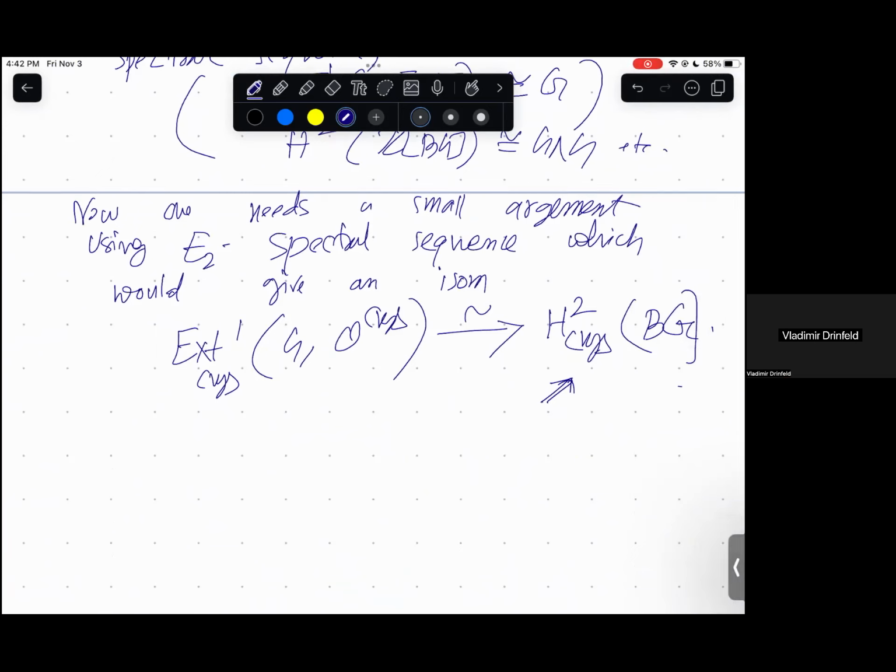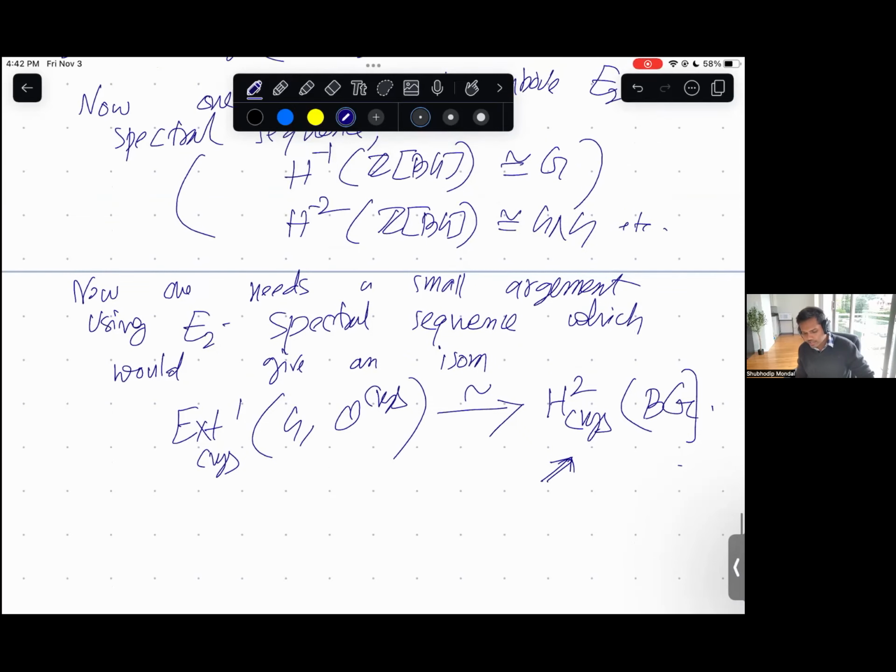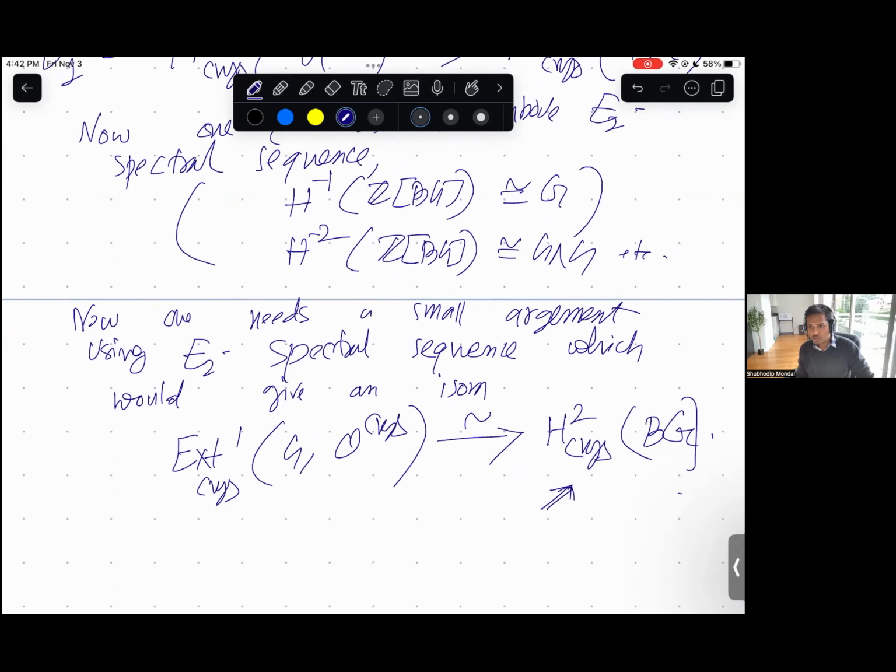Is there something in the proof which is not general nonsense? I think it's just these vanishings that one needs to prove the injectivity or surjectivity. Vanishing of what? Oh yeah, sorry.